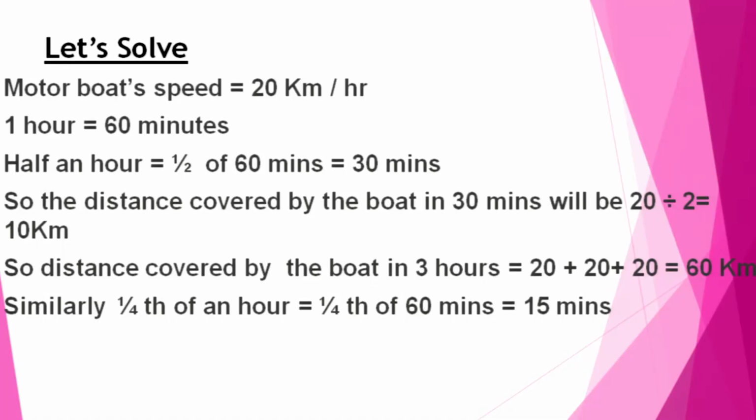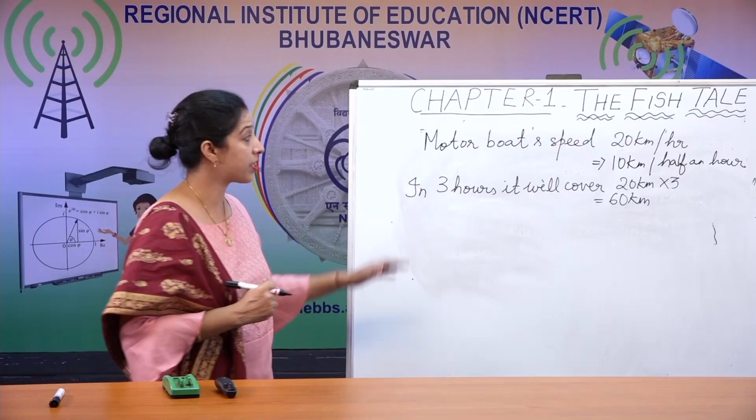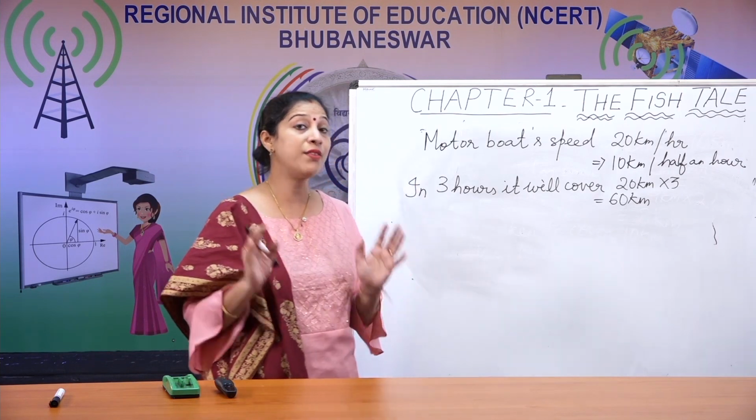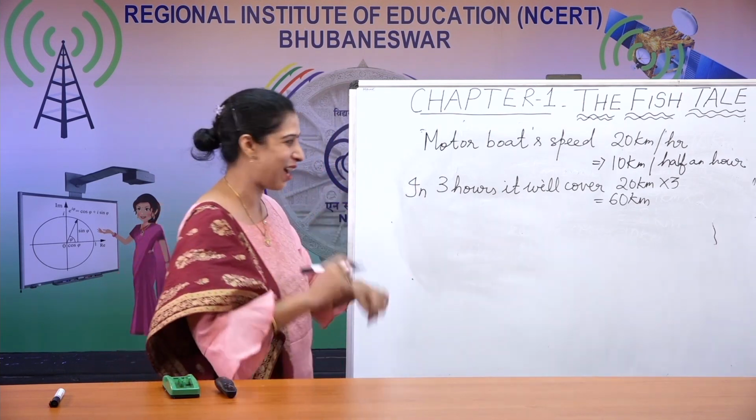So now children, just think how much distance will be covered in 3 hours. You can add it, and you can do multiplication also. So let's find out the distance covered in 3 hours: 20 kilometers plus 20 kilometers plus 20 kilometers is equal to 60 kilometers. Now we have to add another half an hour, because we have to find the distance covered in 3.5 hours.